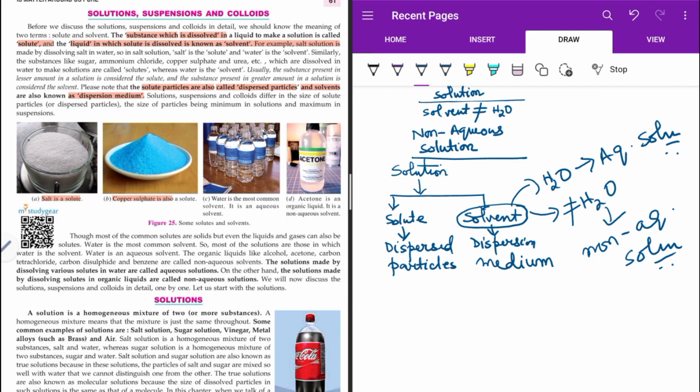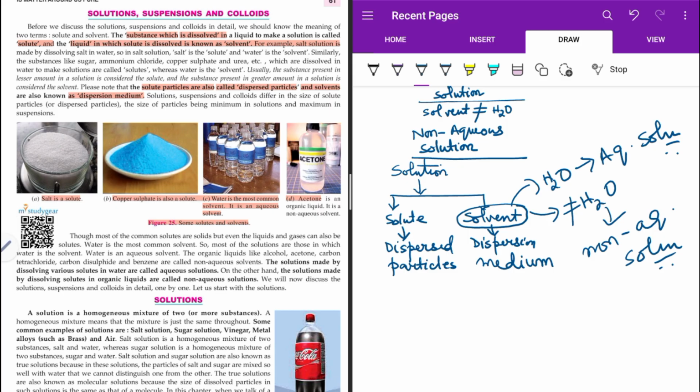Copper sulfate can act as a solute. You can dissolve it in water. Now, water is the most common solvent, and if water is the solvent, it is an aqueous solution. Here it is written as aqueous solvent. I prefer that you do not write aqueous solvent, because the solution is an aqueous solution when the solvent is water. I hope you understand.